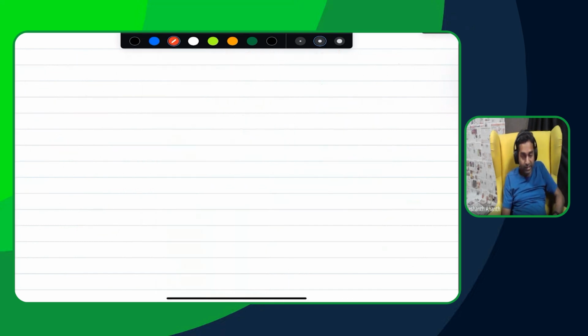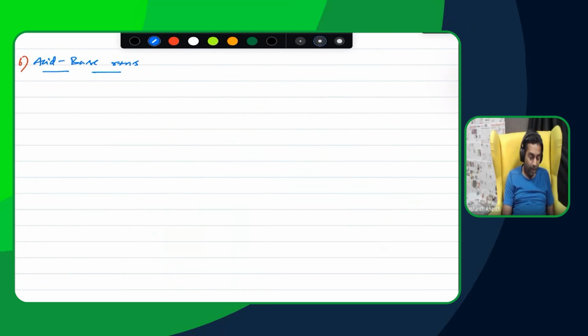Okay, so let's say we are looking at acid-base reactions. Where would alcohols come into the picture here? Where would phenols come into the picture here? Is alcohol stronger than water as an acid or weaker?